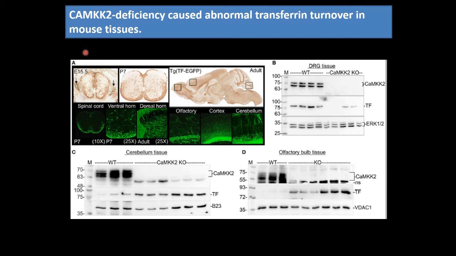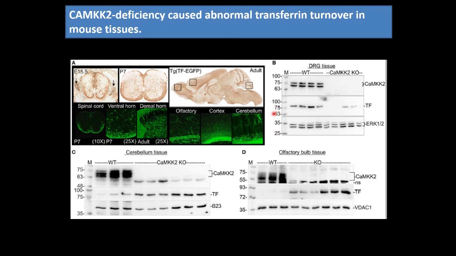Here in this slide, on the top panel, fluorescent images show CAMKK2 expression in different parts of the mouse brain using a CAMKK2 promoter-trapped GFP reporter mouse. Based on this data, CAMKK2 and transferrin expression was checked by immunoblotting in different parts of the mouse brain.